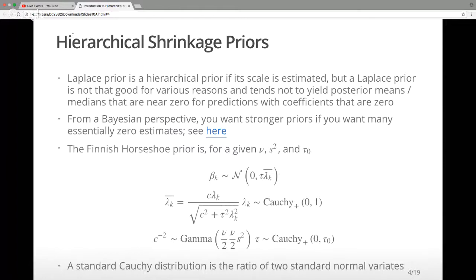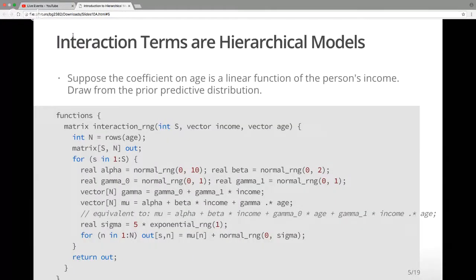So going to the next slide, I'm still not really sure what gamma is. This is a hierarchical model, right? Yes. What is that gamma quantity? How is that being distributed? So gamma is the coefficient on age, but each person has their own gamma because this gamma is a function of the person's income, which is unique for every person.